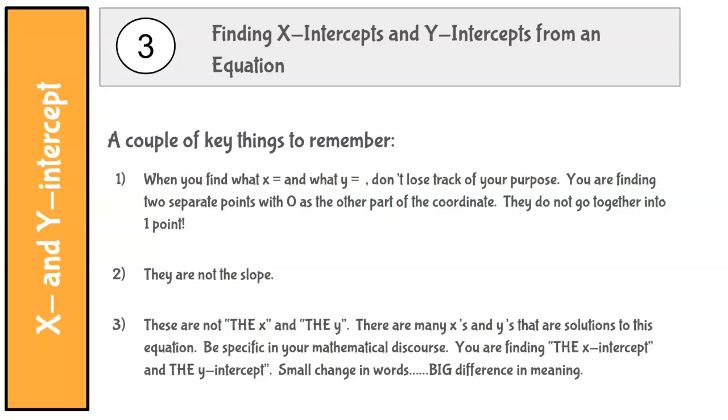There are many x's and y's that are solutions to this equation, so be specific in your mathematical discourse in what you say. You are finding the x-intercept and the y-intercept. There's only one x-intercept on these linear equations, and there's only one y-intercept. But it's not the x and the y. It's a small change in words, but it's a big difference in meaning.